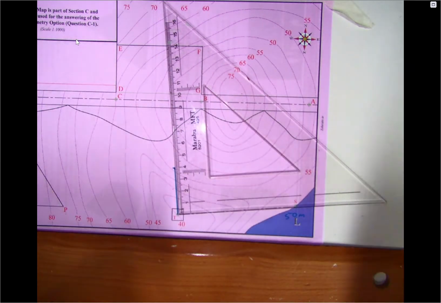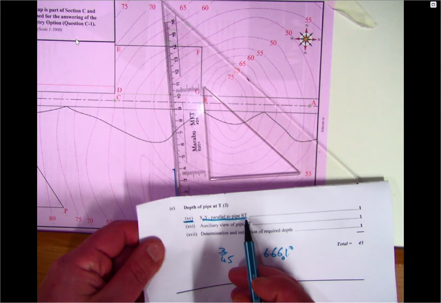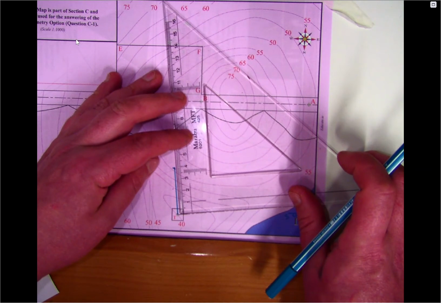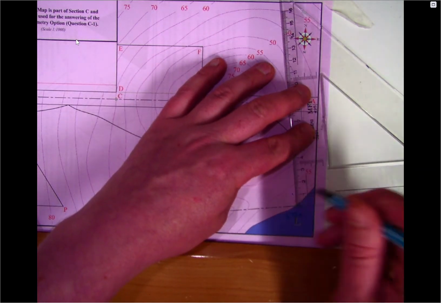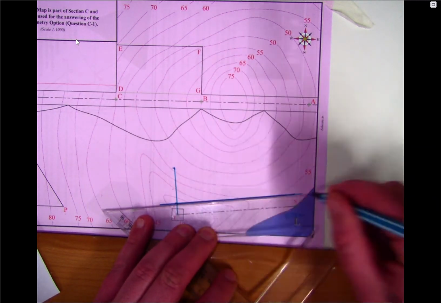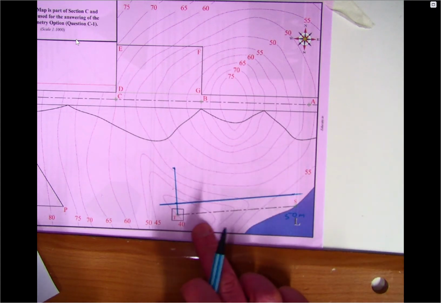It says X1, Y1 parallel to pipe ST. So I'm just going to come up 10 millimeters and draw a parallel line. Now, I wouldn't normally do this. I would typically have just measured up from there, because I would have been using the XY line on top of the line TS.